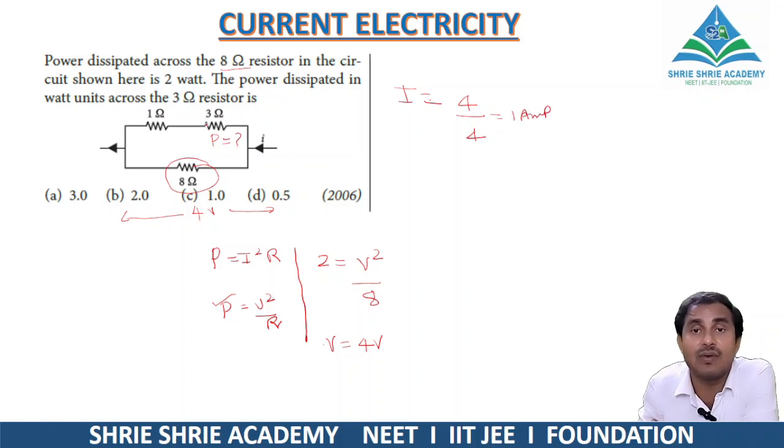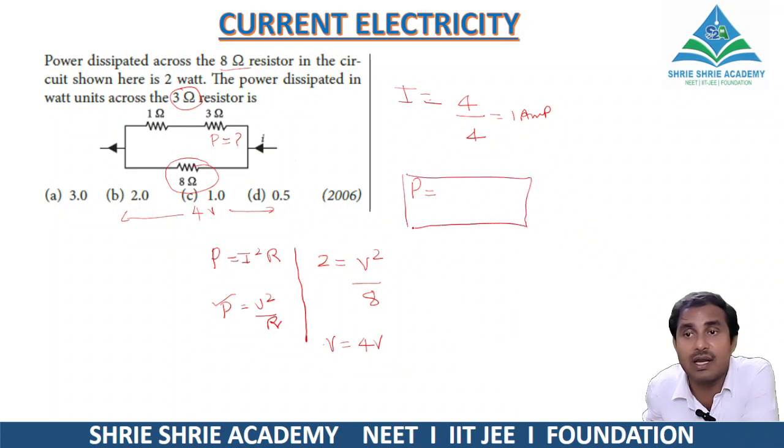Now he is asking what is the power across this 3 ohm resistor. For the power across the 3 ohm resistor, we can use the formula P is equal to I square into R, where the current is the one going through the 3 ohm resistor. Here you have only 1 ampere, so 1 square into 3 gives 3 watt, right?